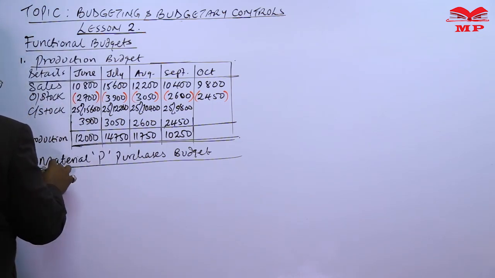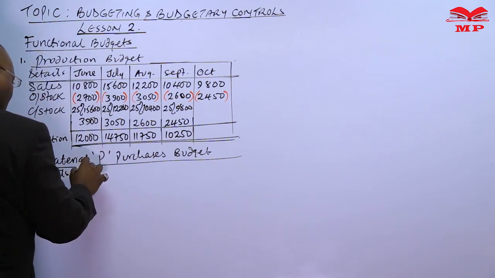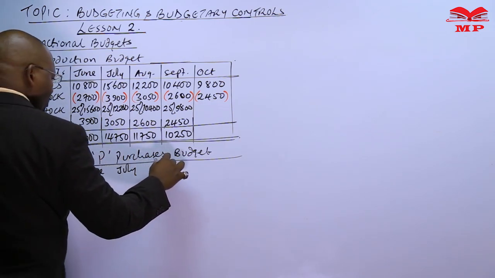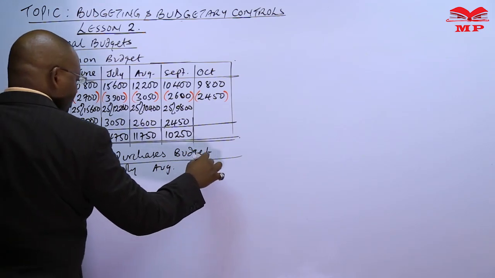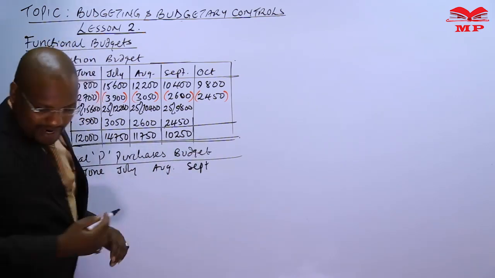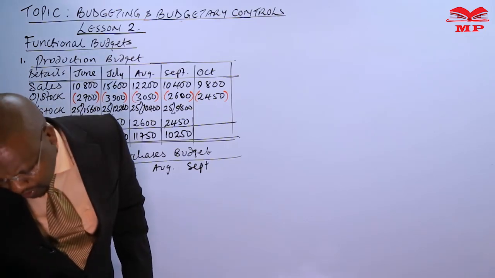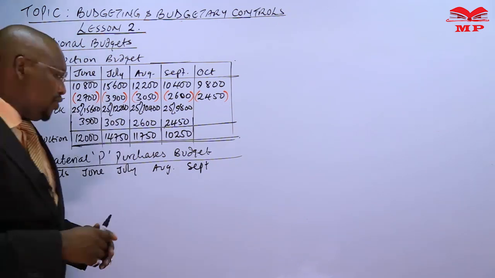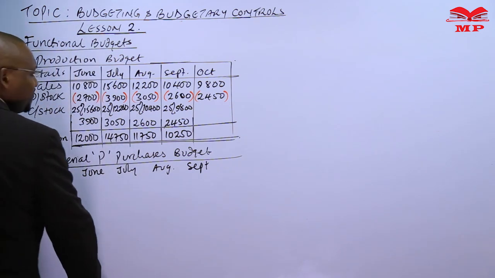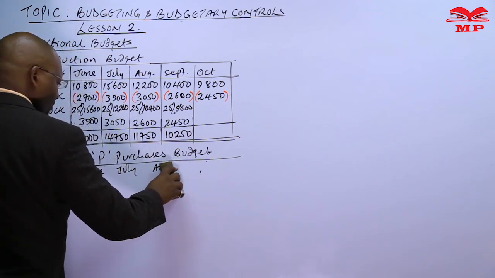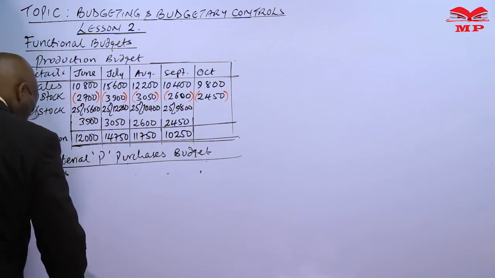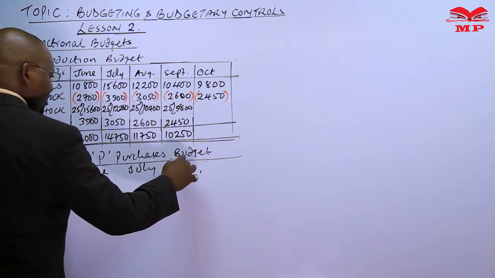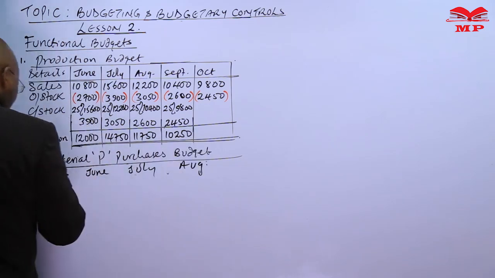We have the details for June, July, August, September. We were asked which months? June, July. In fact, we are asked June, July, and even August. So even September is not in our requirement. So you have June, July, and August.